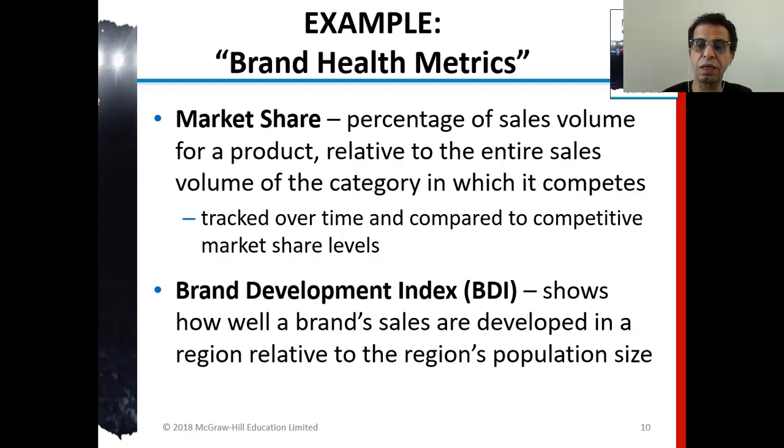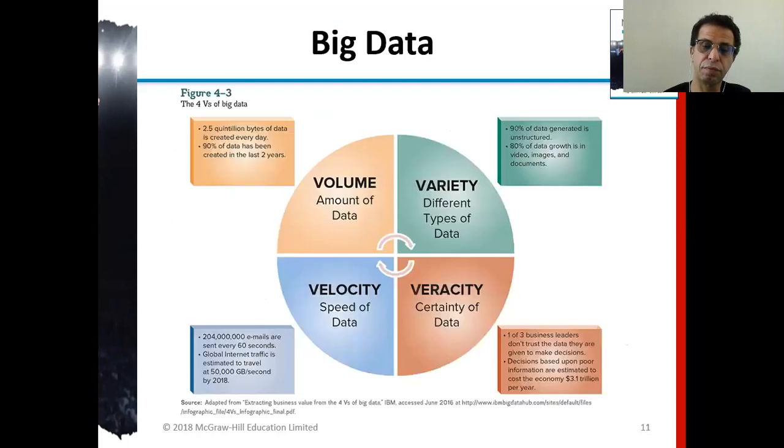In the indexing, if you say my product sold 10,000 units this year and 20,000 units next year, and the population moved from 1 million to 3 million, then your BDI is low. But if the population moved from 1 million to 3 million and you sold from 10,000 units to 30,000 units, then you are matching the BDI in the market.